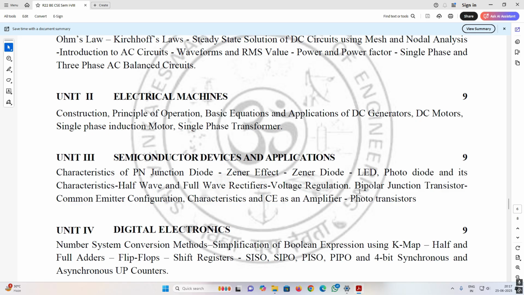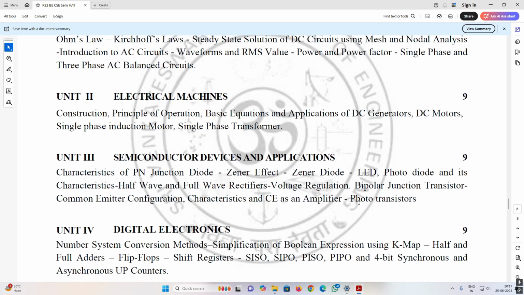Next we shall study the principle of operation of BJT or bipolar junction transistor, and one of the most employed configurations of BJT, which is nothing but common emitter configuration, its characteristics, and common emitter as an amplifier.